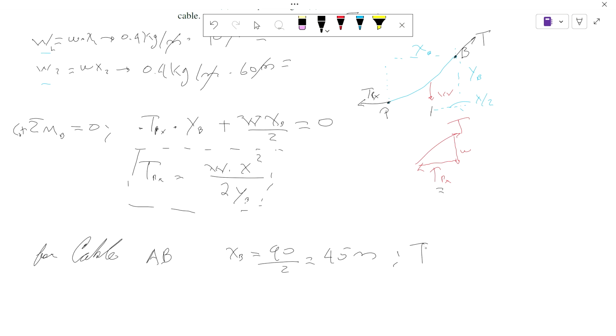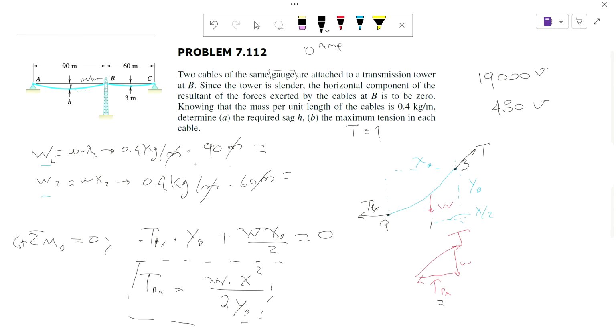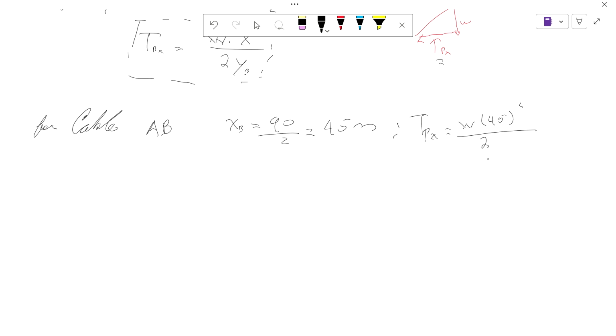Therefore, TPX is equal to the weight, which we do know, times X, which is 45, squared, divided by 2Y. But it turns out that Y is this H right here. So that is exactly what they want to find, H.